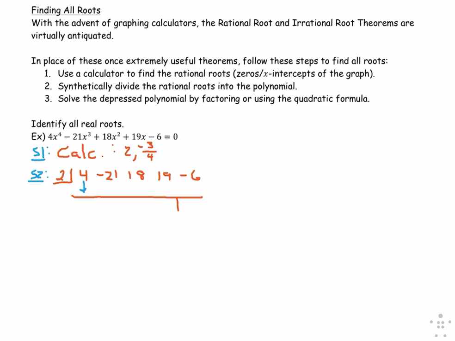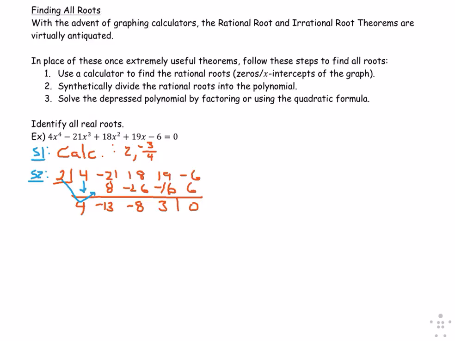Bring down the first term, because you're adding it to nothing, because you always add down, and you multiply down and across, add down, multiply down and across, add down, multiply down and across, add down, multiply down and across, and we knew that was going to happen.